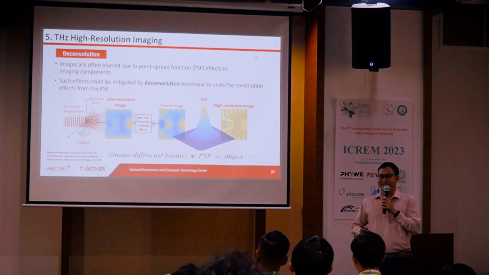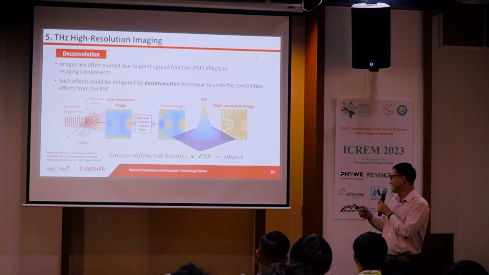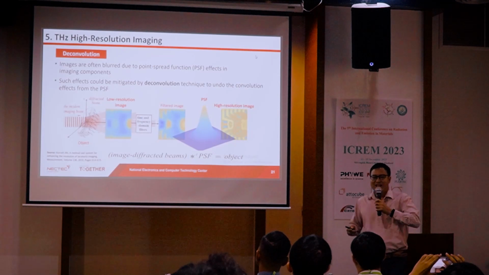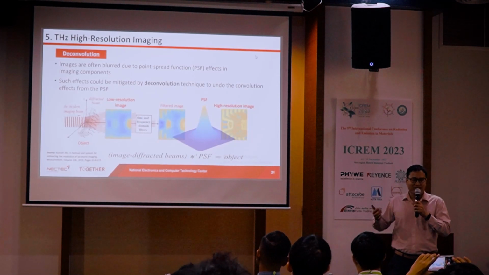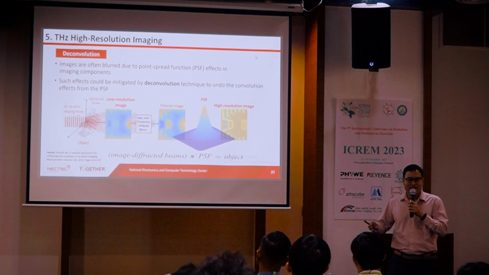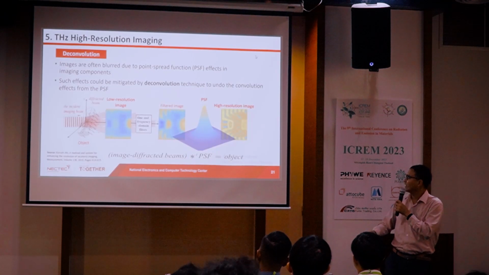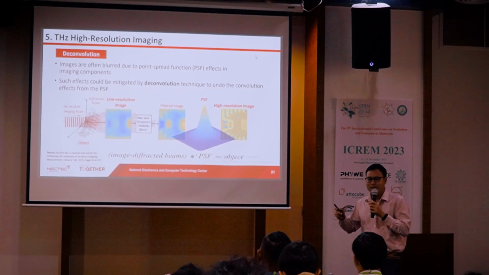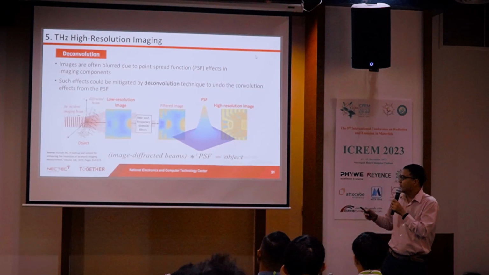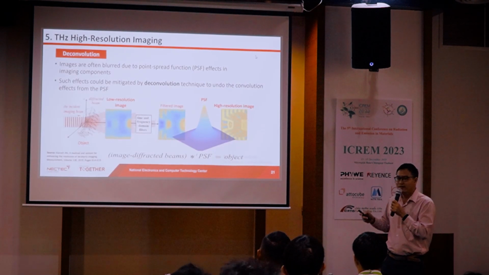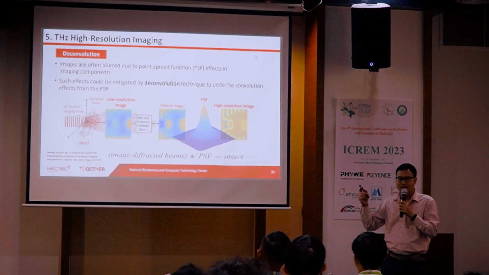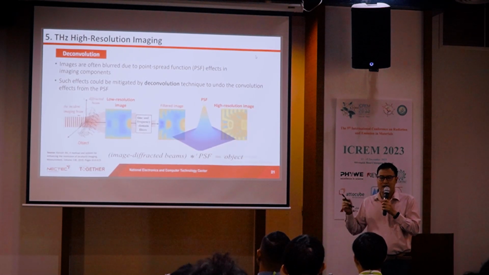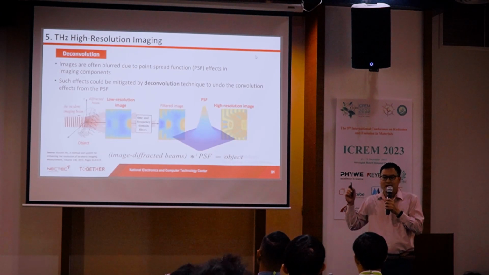Last but not least, this one is the way to work towards getting higher image resolution. If you do imaging, most of the time you are prone to blurring effects, and those blurring effects are due to the optical components.